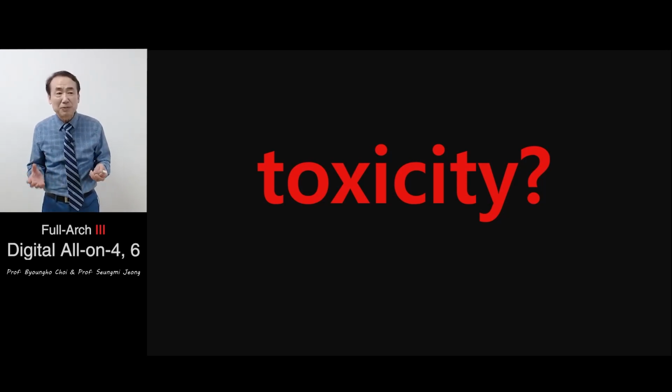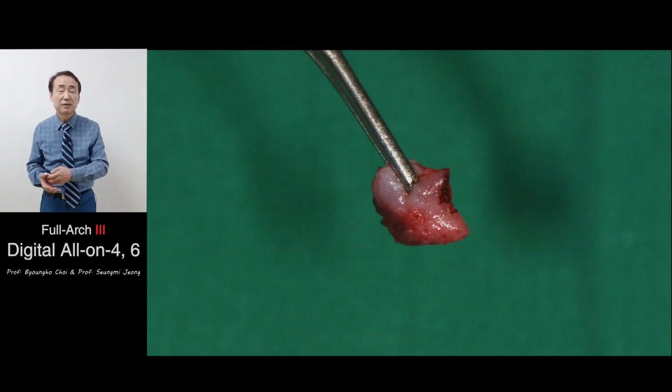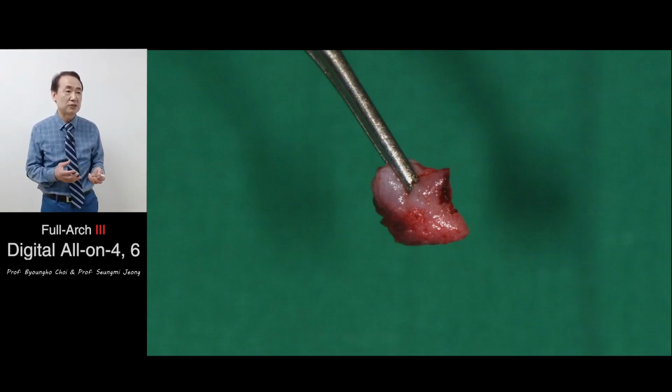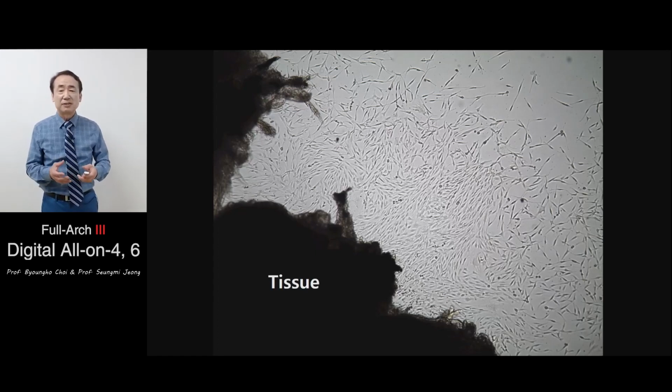We did an experiment to evaluate the toxicity of the resin debris. We collected some soft tissue specimens from a patient, and then we cultured the soft tissue. You can see here, cells are growing from the soft tissue segment.